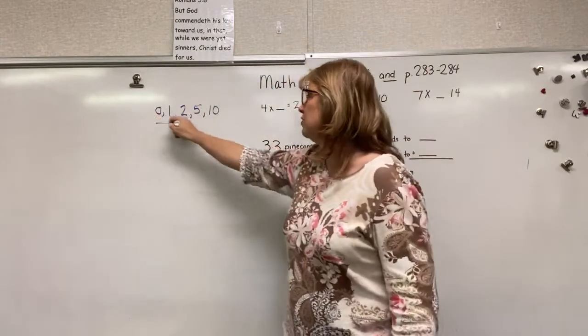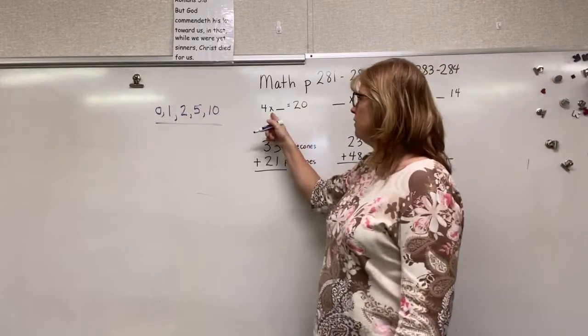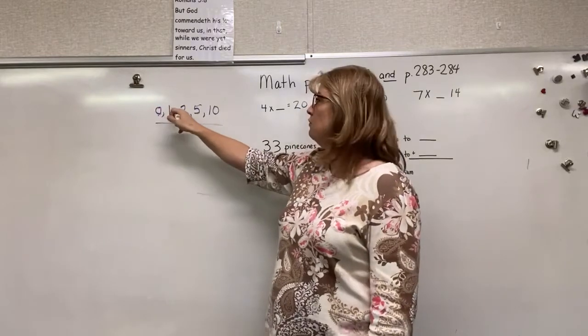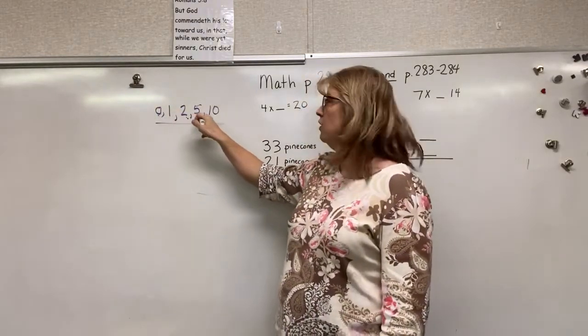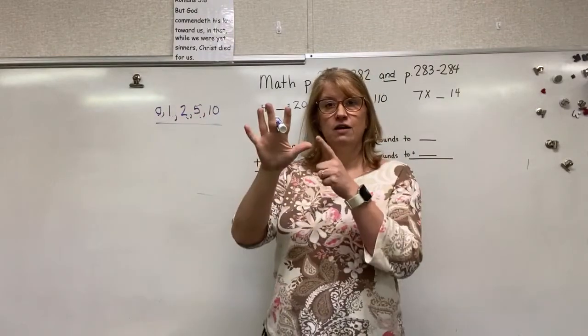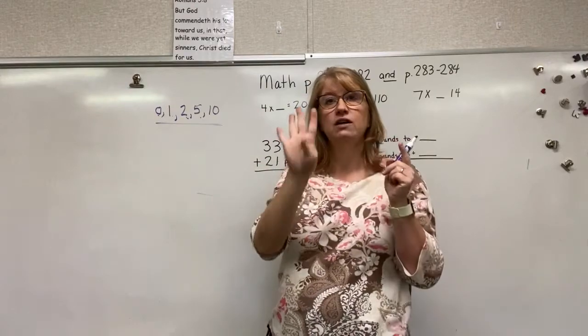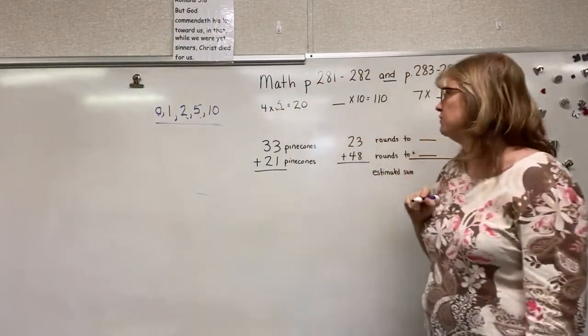So these are actually our choices. 4 times 0 equals 0. 4 times 1 equals 4. 4 times 2 equals 8. 4 times 5, 4 fingers, 5, 10, 15, 20. It is 5. So 4 times 5 equals 20.